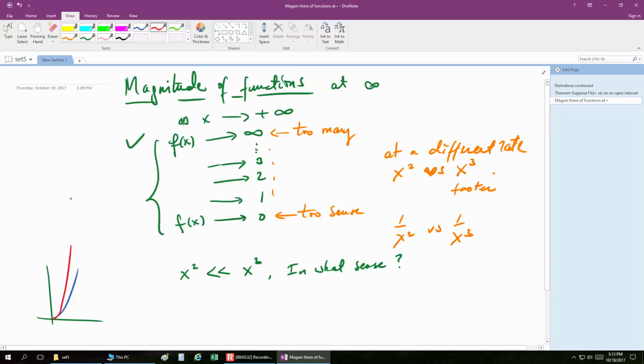But if you pick more complicated functions, such as the polynomials that we had, say x squared plus x versus x cubed. So we add some extra term x to x squared. Does it change anything?